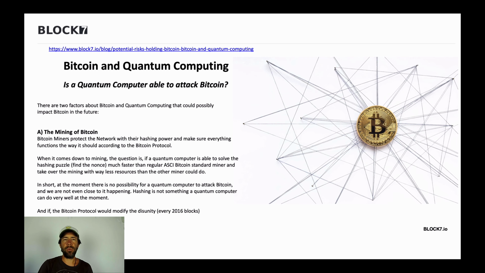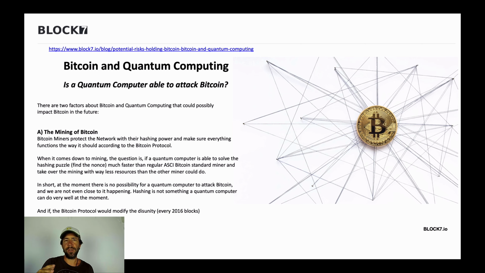So if it would happen that a quantum computer comes in and manages to take over, then there would be the point after 2016 blocks or earlier, depending on when the quantum computer went in, that the Bitcoin difficulty will go up. So maybe the quantum computer is just for a very short time able to mine the majority of the Bitcoin.